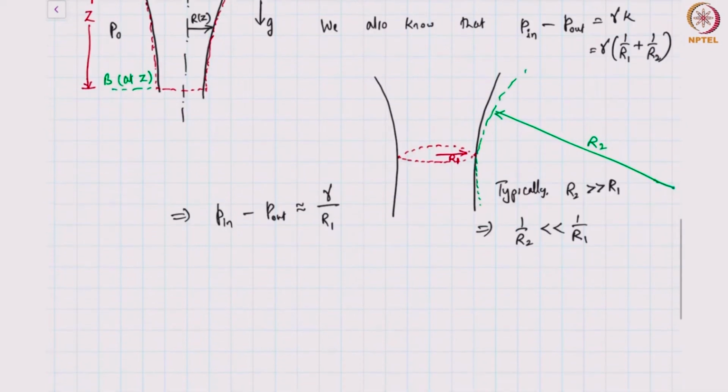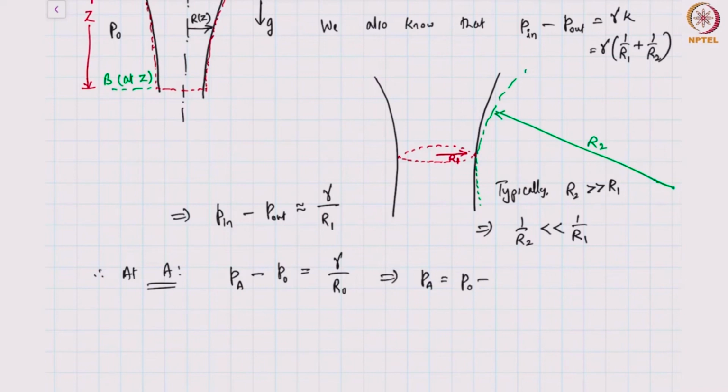Alright? And therefore at A, if I apply this relation, the pressure inside will be PA, the pressure outside is P naught, and this will be equal to gamma by R naught. Therefore the pressure at location A will be P naught plus gamma by R naught. Note that the pressure here is only a dynamic pressure, the local one because of dynamics.